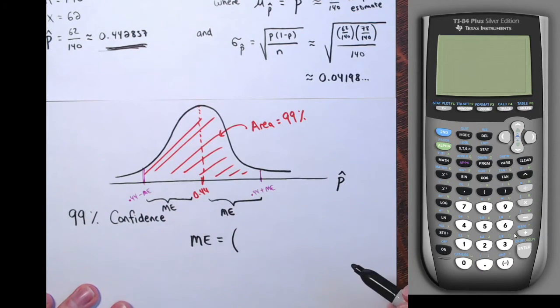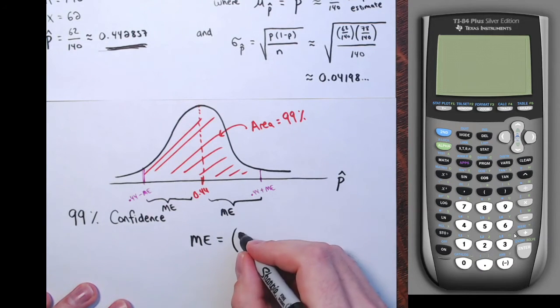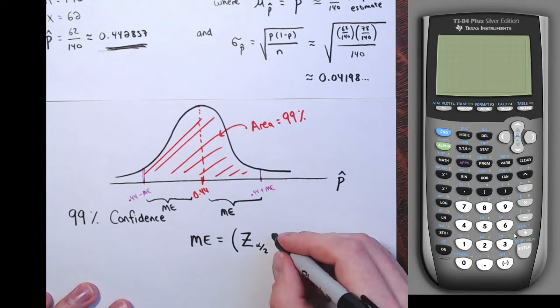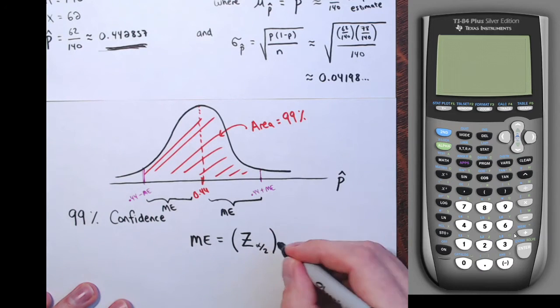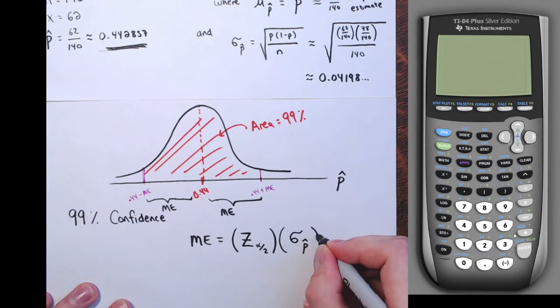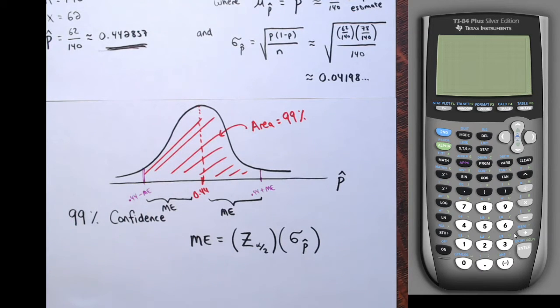You're going to notice that this margin of error formula looks very similar to the margin of error formula when you were estimating a mean instead of a proportion. It's the z-score that has an area of alpha over 2 above it. There's that alpha over 2 again, times the standard deviation of, in this case, the p hats, the distribution of the sample proportions. Before it was sigma x bar, the standard deviation of the x bars.